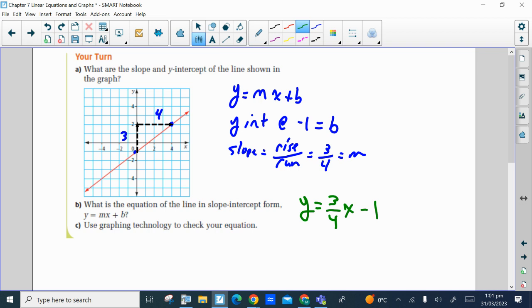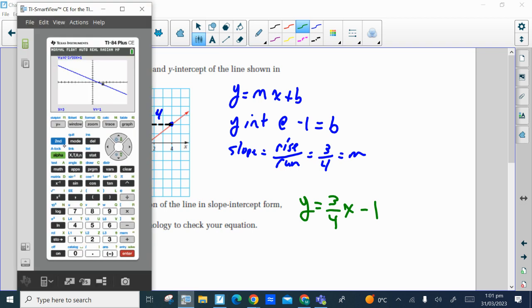There's our equation. And again, you can check that on the calculator. So if you go to y equals, clear the equation out of there. In brackets, I'll go 3 over 4 x minus 1. Now in this case, because 3/4 is exactly 0.75, you could have put 0.75 in front of the x as well.